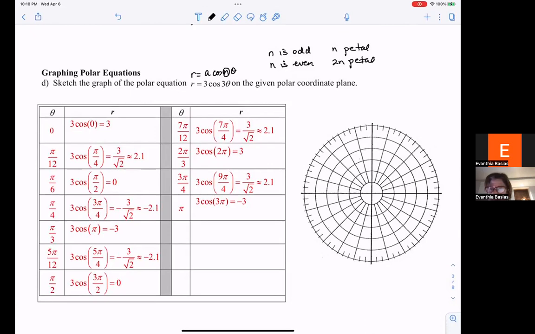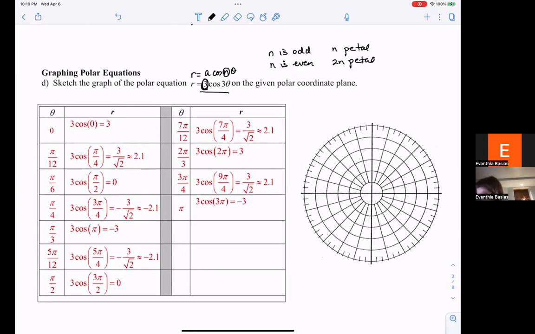So let's go through it. I made a chart of theta, the angles, in intervals of pi over 12, and we substituted into our equation 3 cosine 3 theta and computed it and approximated it. So the rose begins like this. The tip of the petal is the absolute value of the coefficient.